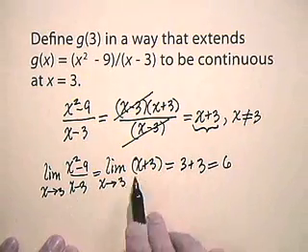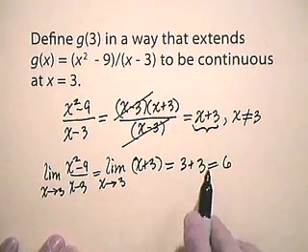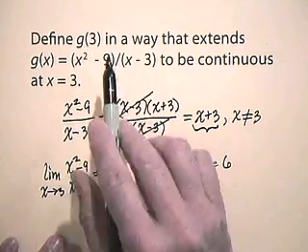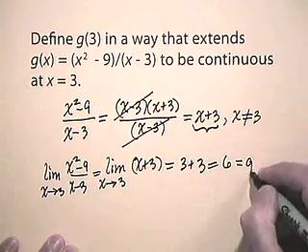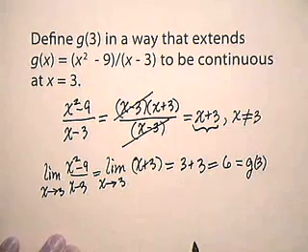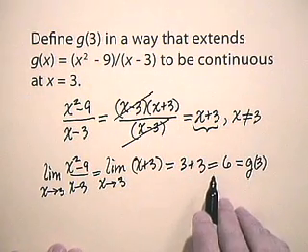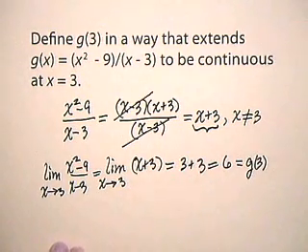And so what we see here is that the way to define g at 3 is to make it exactly equal to 6. Once I've made that definition, g is now continuous at x equals 3. Since it's obviously continuous at every other x, now the function would be continuous on the whole real line.